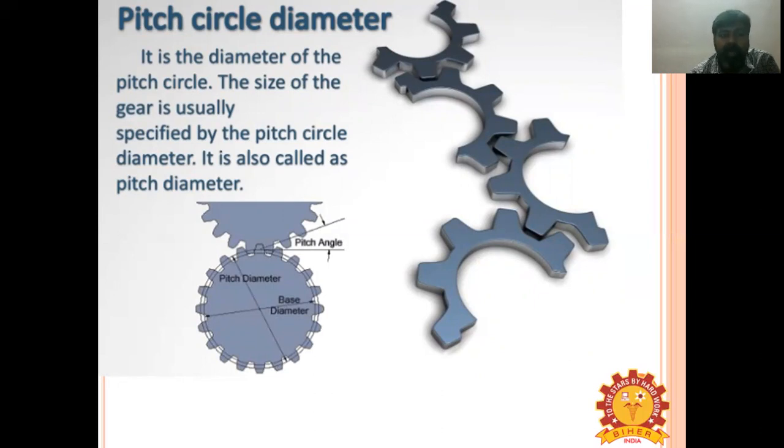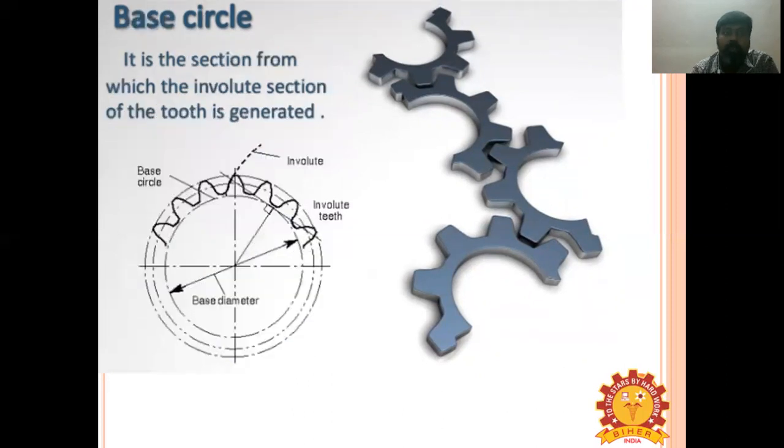The size of the gear is usually specified by the pitch circle diameter, and it is also called the pitch diameter. Then what is the pitch point? The pitch point is the common point of contact between two pitch circles. Then what is the base circle? The base circle is the circle from which the involute section of the tooth is generated.